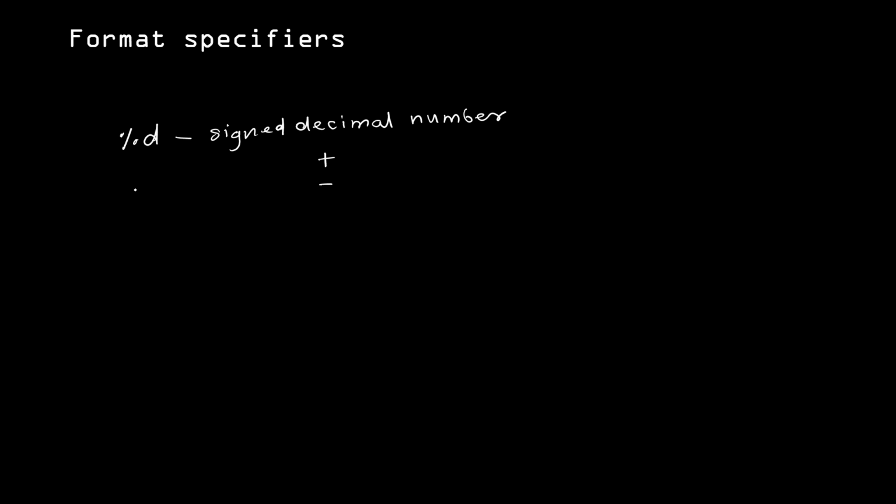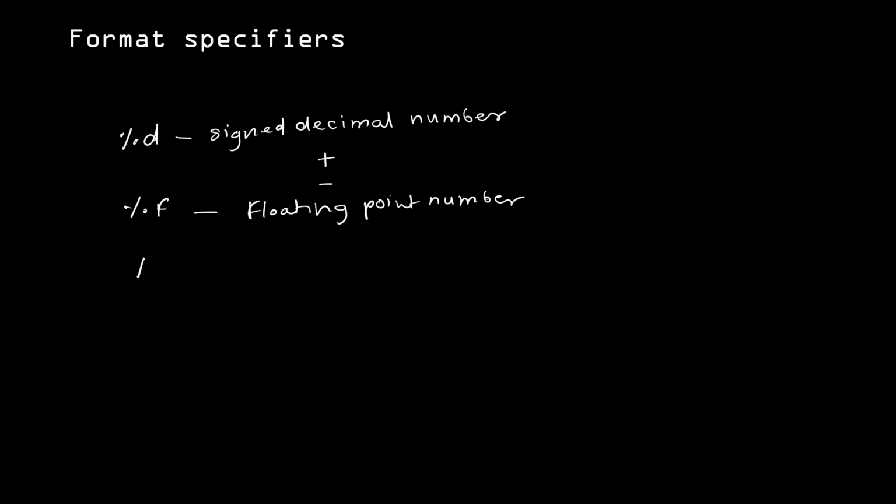Now for floating numbers, we are going to use %f. To get input as a floating number or to show output as a floating number, we are going to use %f. So it is used for floating point numbers. Now let's understand the next one. To get a single character, please focus on this line.